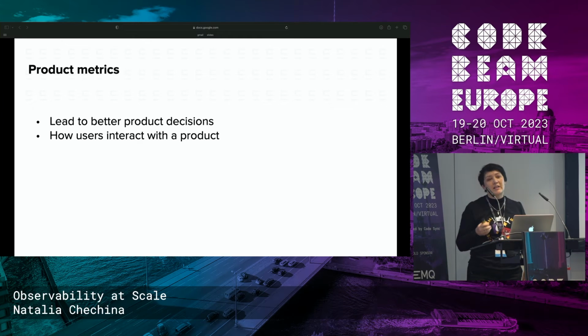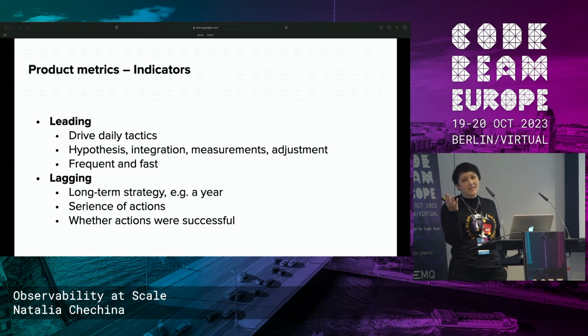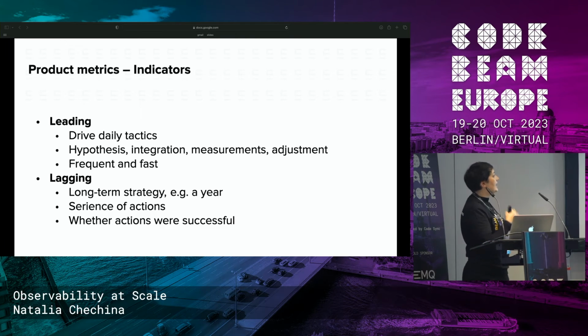Product metrics are a little bit closer to our code, and they're all about the product, leading to better product decisions and showing how the users interact with your product. Two important indicators you would usually hear about when you talk about product metrics are leading and lagging.